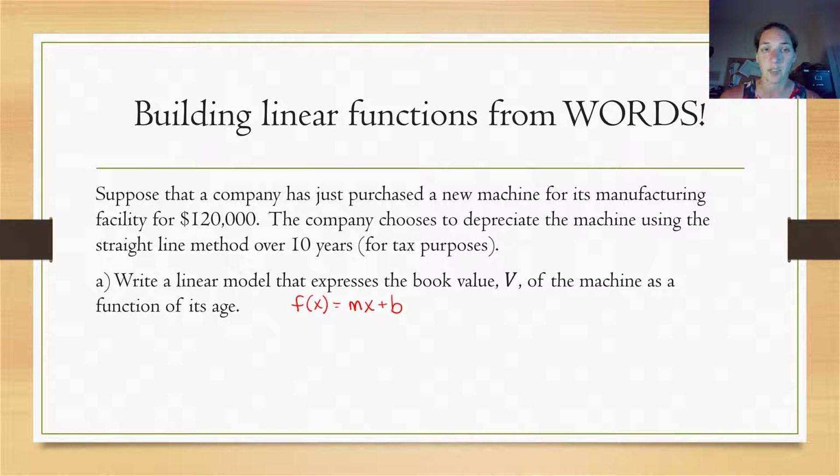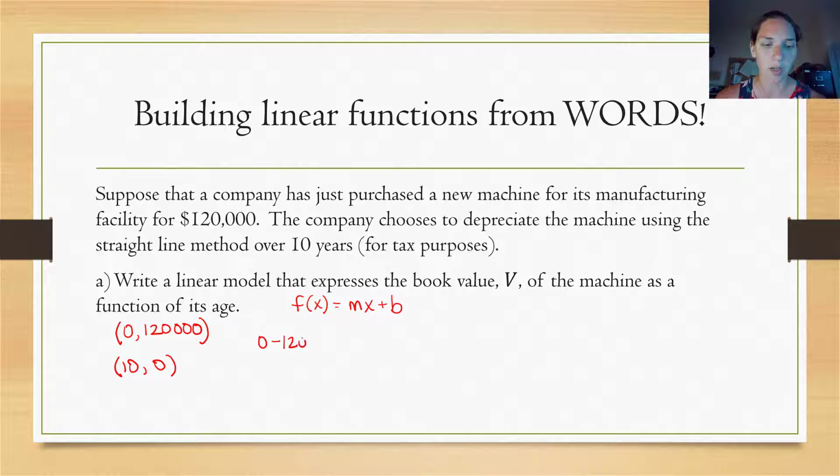That's a straight line form. To do that, we need a slope and an intercept. Well, we have a point when it's 0 years old, it's worth $120,000. And they're doing this over 10 years, so at 10 years, it's worth $0. Now I have 2 points, and one of them is the y-intercept, so that makes this really nice. I just have to find the slope now.